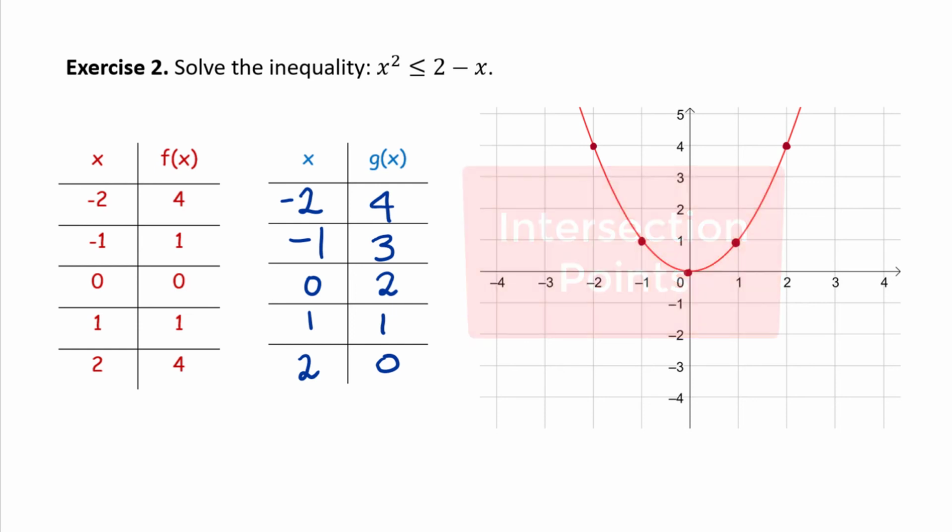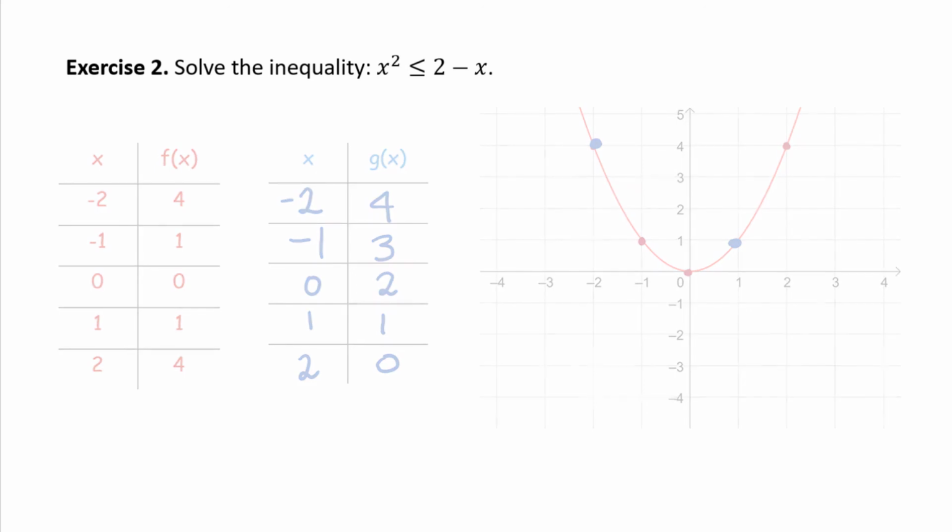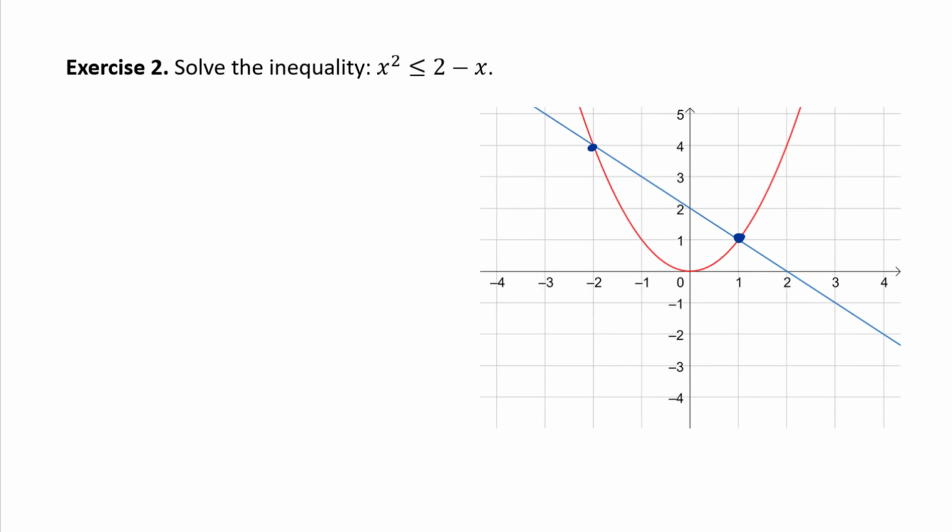And because we only need 2 points to determine a line, we'll just graph the line using the intersection points. Now we'll connect to get our graph. And now we have a graph that has both the parabola and the line and the intersection points clearly marked.